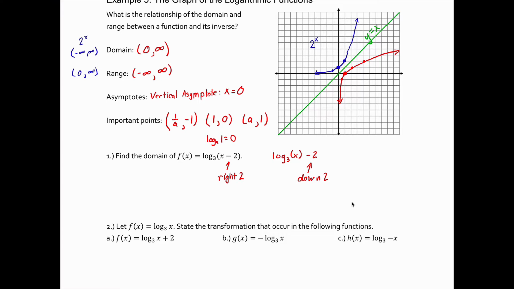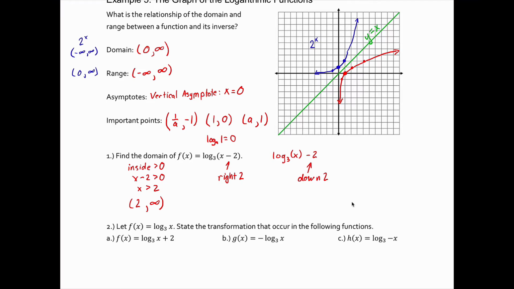And in general for these, we want to always just set the inside to be greater than 0. So x minus 2 should be greater than 0. So x is greater than 2. And if we think about that in terms of an interval, 2 is the smallest value, and because we have an asymptote, I use parentheses, and infinity is the largest value.